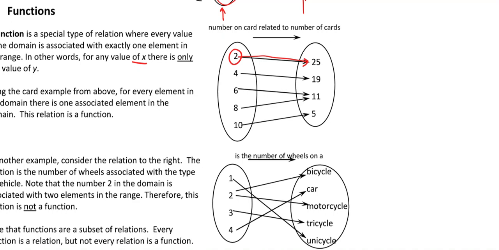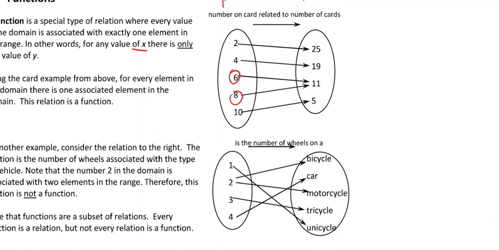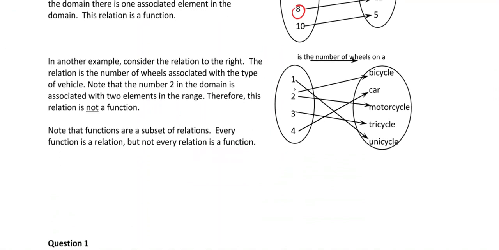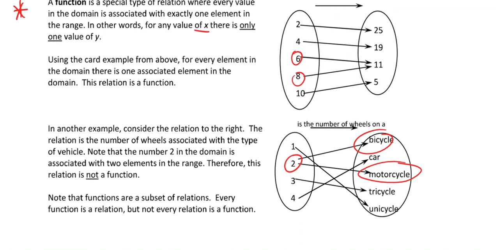So it's going straight across. Same with these ones. This is okay: for 6 and 8, we've got 2 values of y going on there. But it's not going to be okay if, from one value of x, you've got multiple values of y coming off. So you've got 2 different ones coming from that x value.